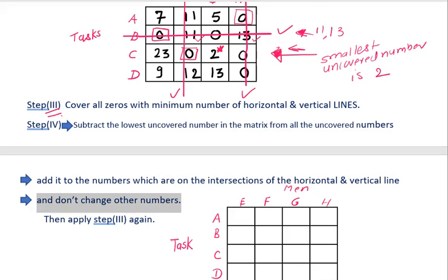That is, what is the criteria? The number of lines. Here, how many lines have we drawn? 3 lines: 2 vertical lines and 1 horizontal line, and it is not equal to the order of the matrix, which is 4.